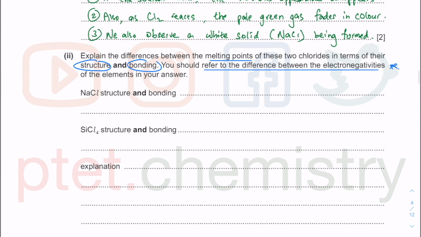So in terms of the explanation, I can say that the smaller electronegativity difference, so they want us to refer to that, right? So I can say it's the smaller electronegativity difference between silicon and chlorine compared to between sodium and chlorine. You can have different ways of explaining things.